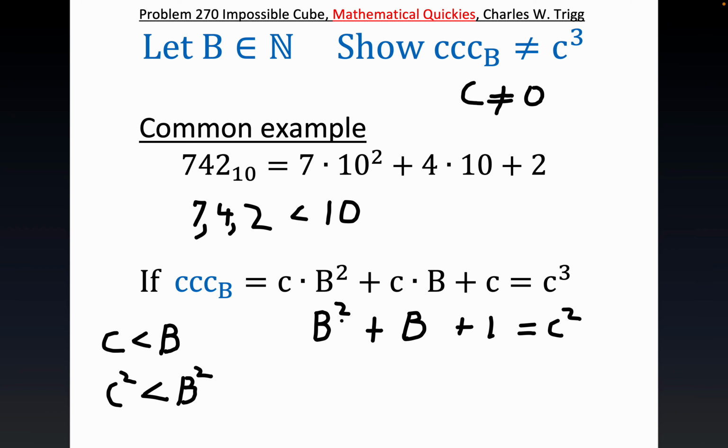But notice that b squared is just the first term here. So if c squared is less than b squared, then c squared is certainly less than the whole expression. It's almost not necessary to write that, but I will.